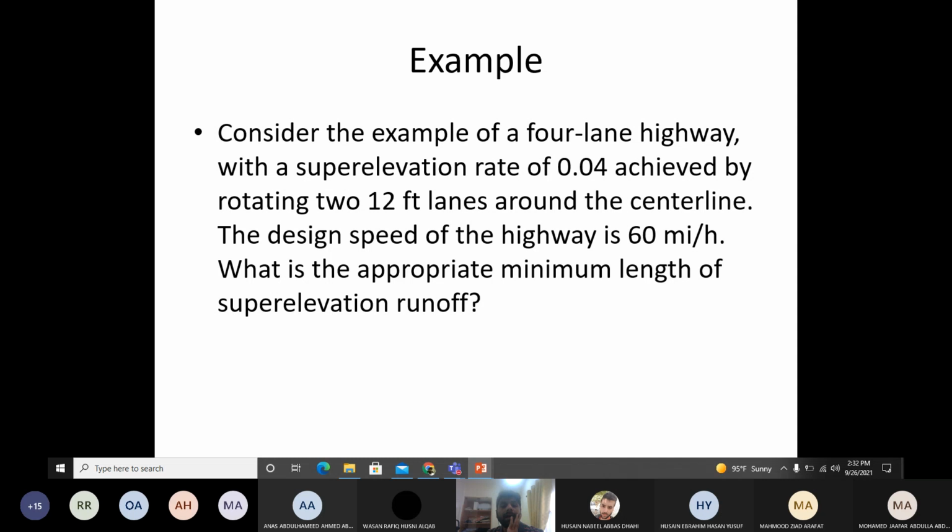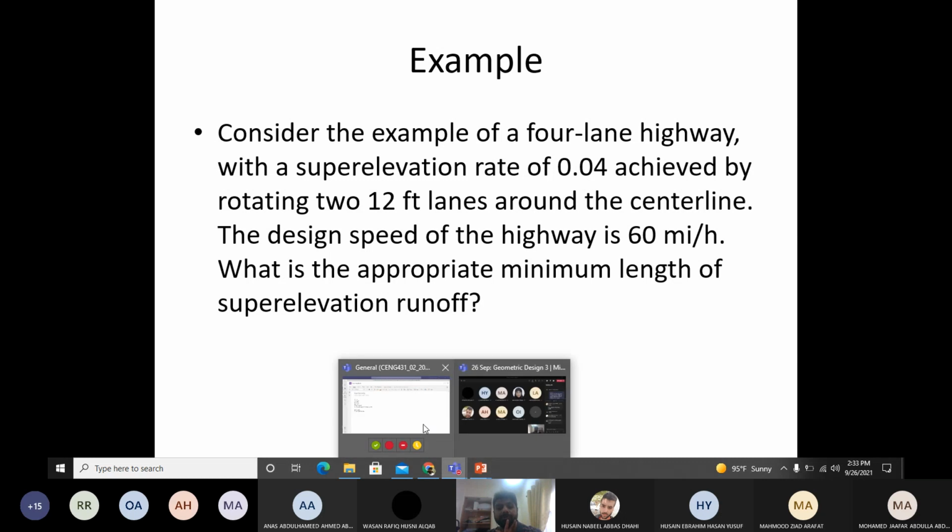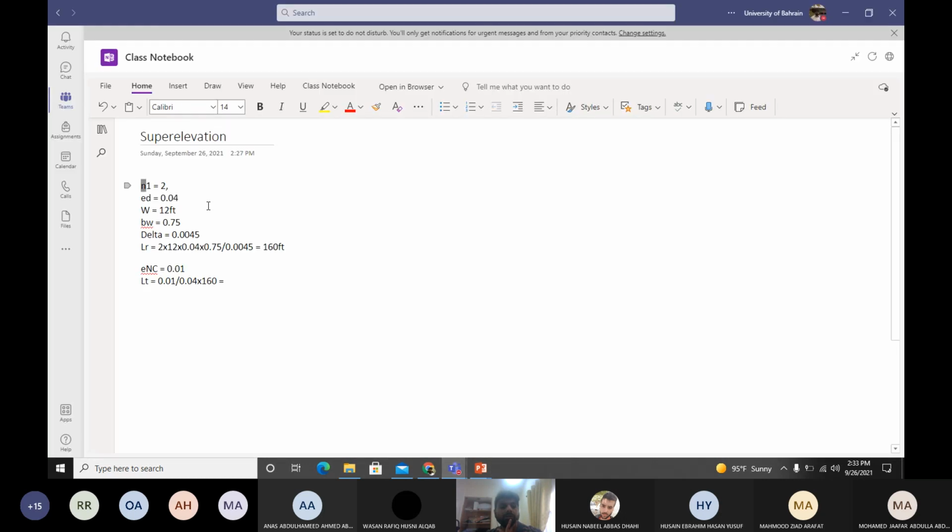Okay. Now another example. Let me change the speed. For example, the speed is 50 miles per hour. Okay, let's say in this example, the speed is 50 miles per hour. So you take this data, it will remain as it is, but delta will change.